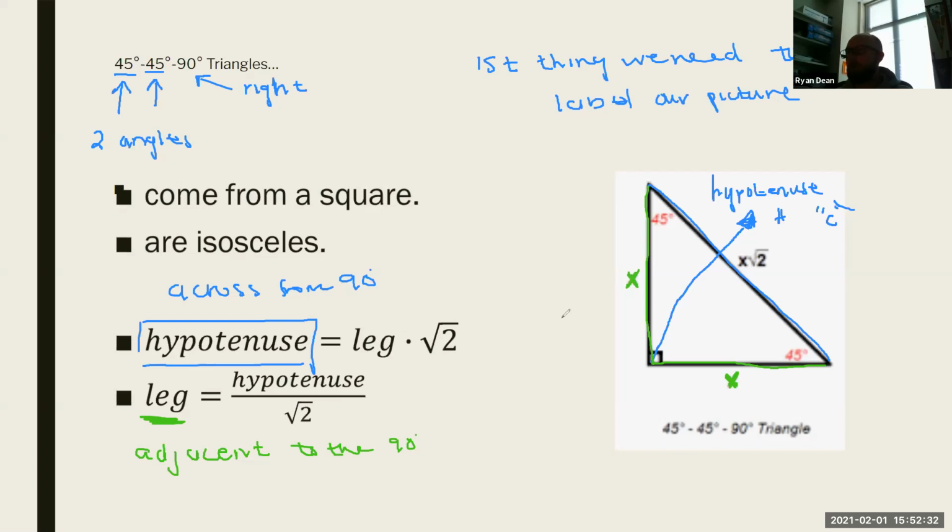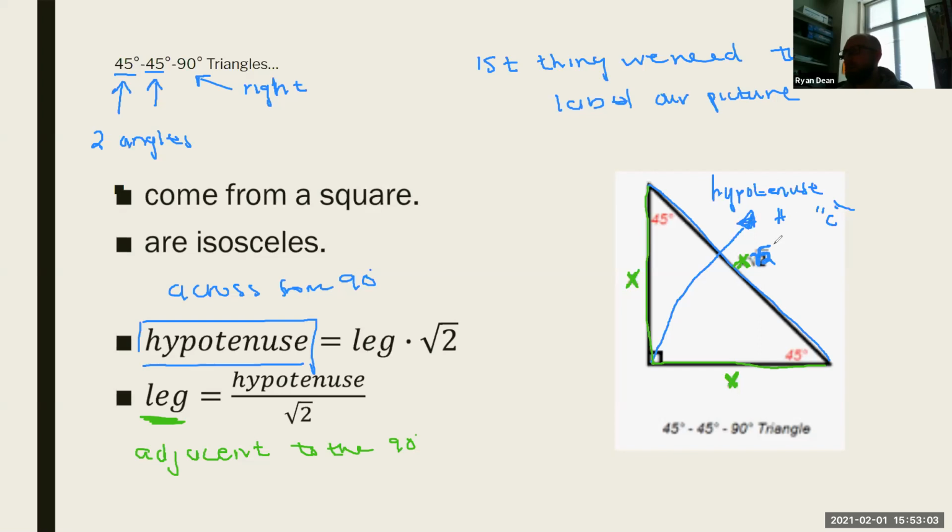Because to find the hypotenuse, we take one leg, which is just, in this case, x. X is just representing one leg. And then we attach the square root of 2 with it. So we're multiplying one leg by the square root of 2. So if you're given a leg, to find the hypotenuse, you would take one leg, whatever number that is, and multiply it by the square root of 2.